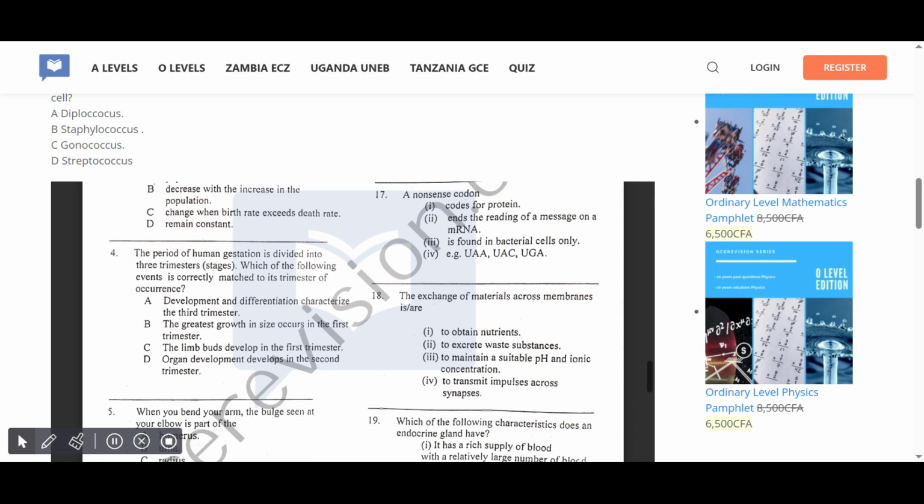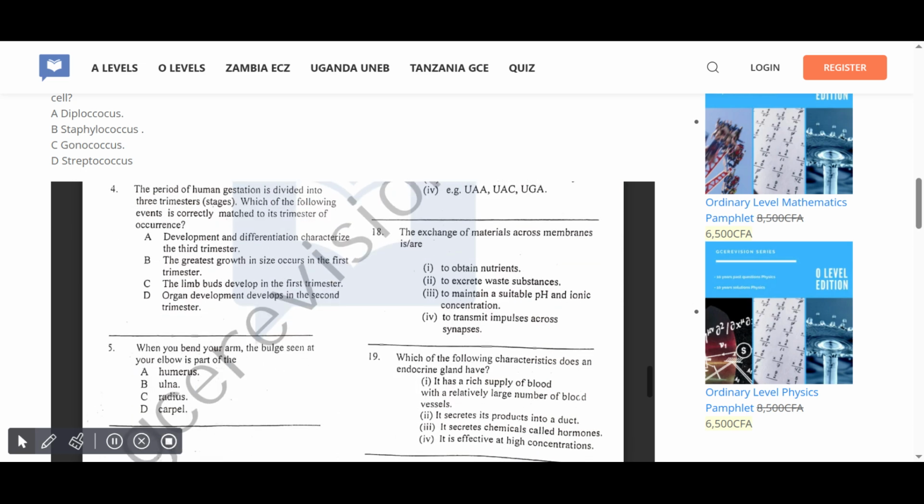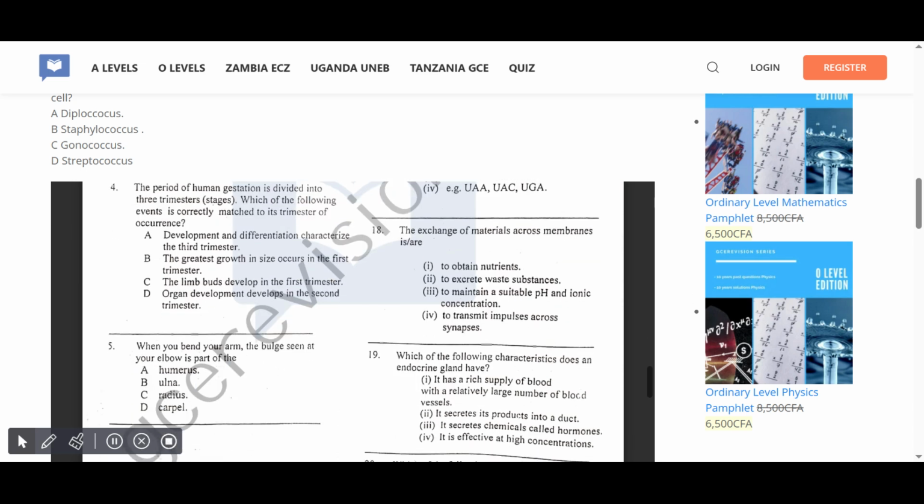The answer is C. The lymph nodes develop in the first trimester. Question 15. When you bend your arm, the bulge seen at your elbow is part of the. The answer is B.